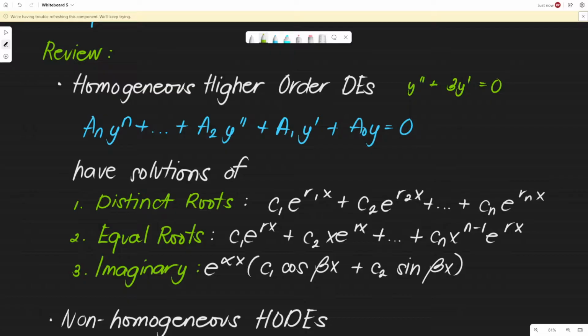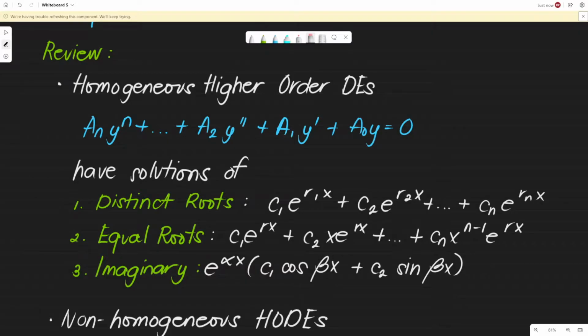We have different ways of solving this depende sa degree ng higher order differential equations natin. Pero usually kapag second degree lang, we are solving it using the characteristic equation na inaakma natin to the solution of a quadratic equation. Just to review, kapag meron tayong higher order differential equation, meron tayong different sets of solution.